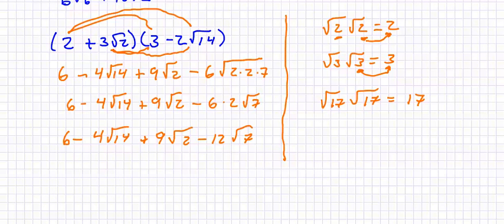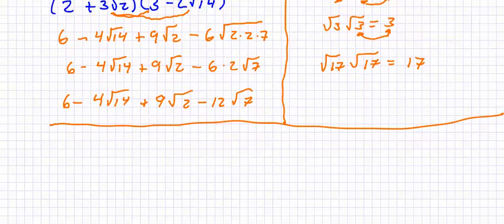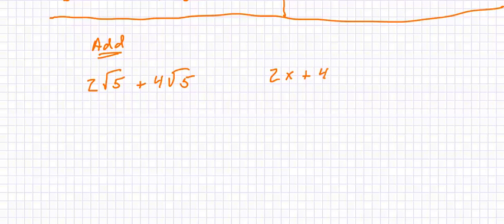All right, and now truly the last thing, and I think I keep saying one more thing. What happens when we have to add? If I have 2 square root of 5 plus 4 square root of 5, this is similar to 2x plus 4x. 2 plus 4, 6x.